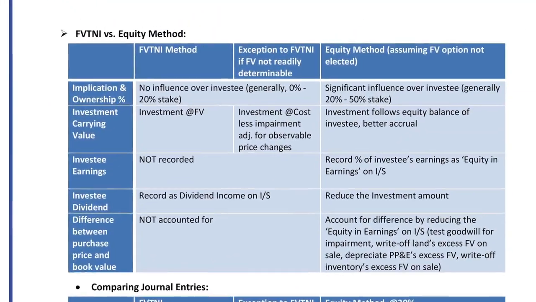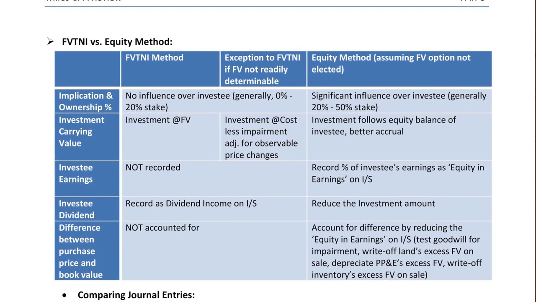Move to page 7, where we're going to compare fair value through net income versus the equity method. So we know that the fair value through net income method is used when the investor has no influence over the investee. Generally, we're talking about a less than 20% stake.